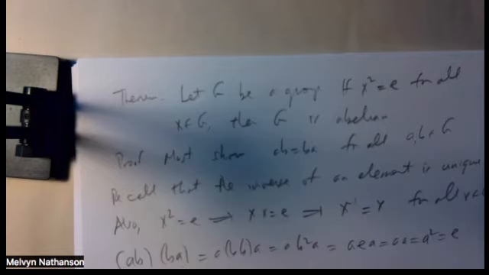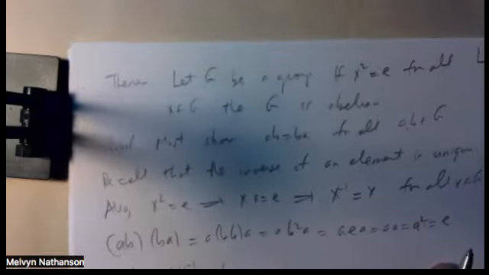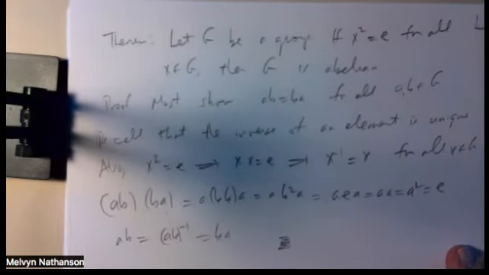So AB times BA is the identity. So BA is the inverse of AB, because every element is its own inverse. So this says the inverse of AB is BA. So AB equals BA. And that's the proof, because the inverse of an element is unique.